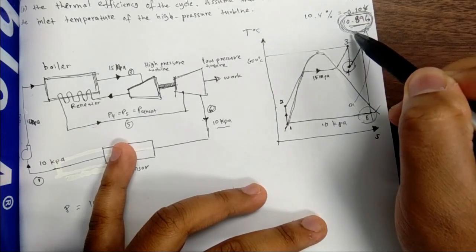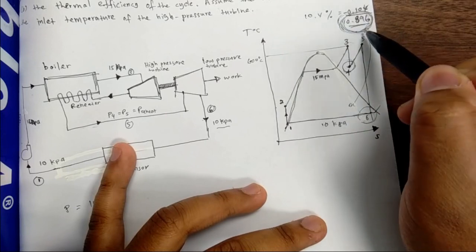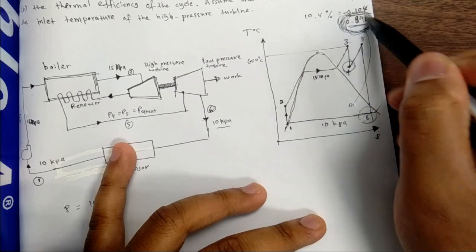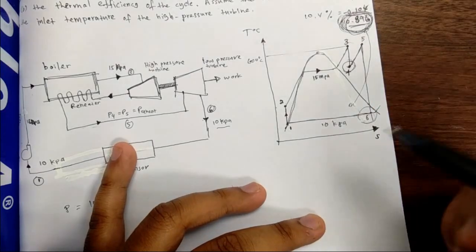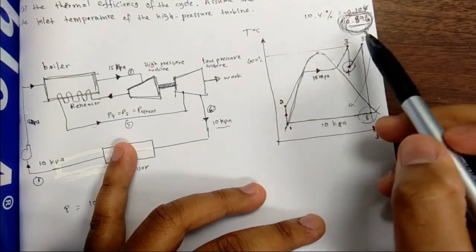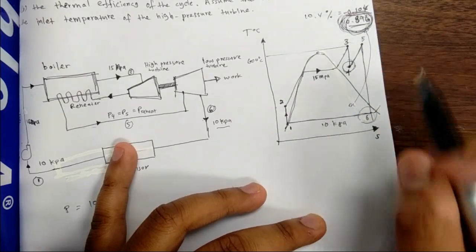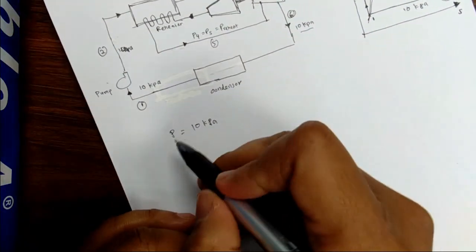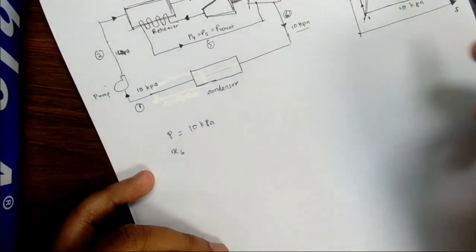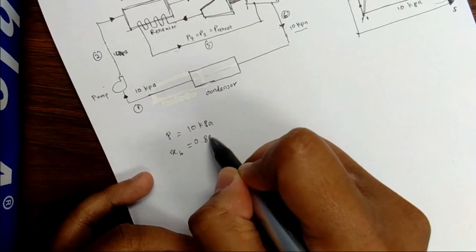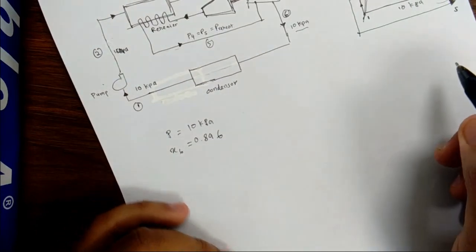The high quality means the water is less than the gas. Okay, so X6 is equal to 0.896.